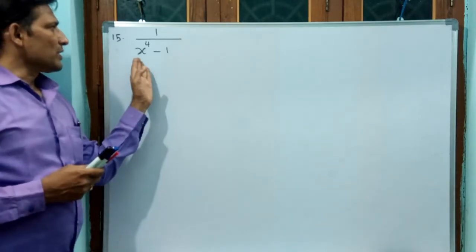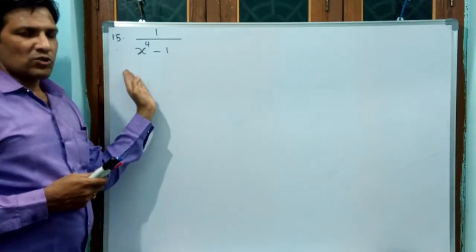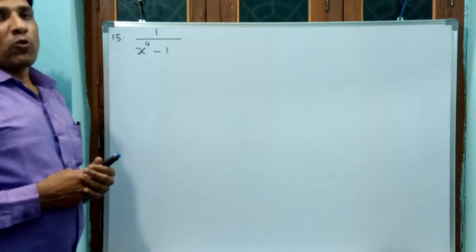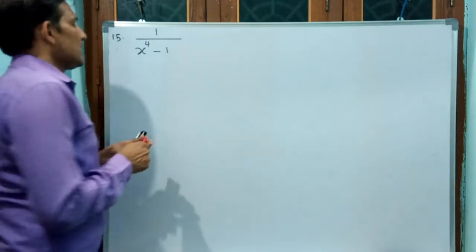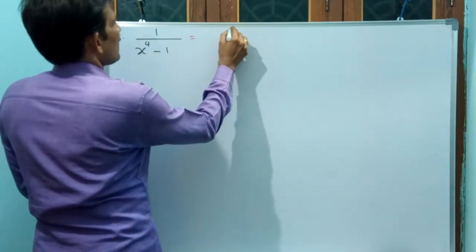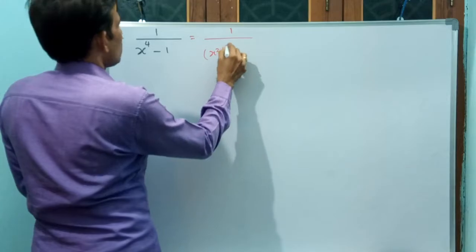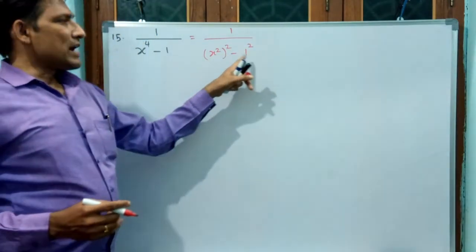Why? Think of a square minus b square, a plus b into a minus b. You take this as x square whole square minus 1 square. Let us understand it carefully: 1 by x square whole square minus 1 square, like a square minus b square.